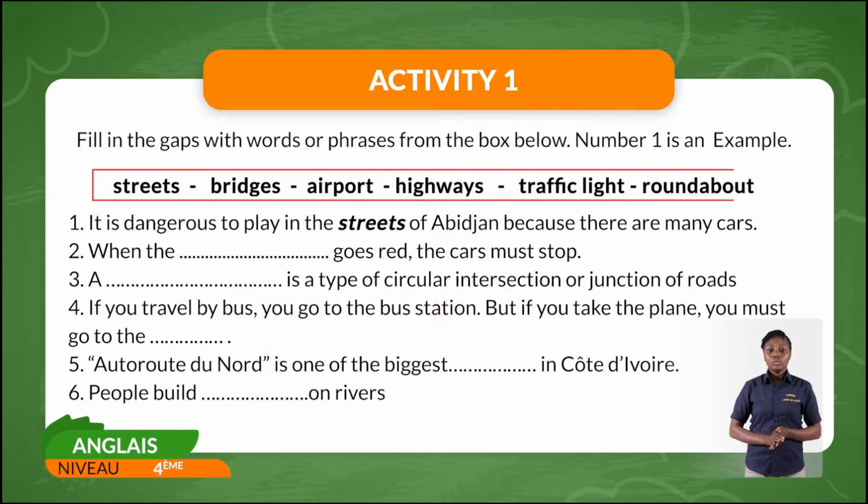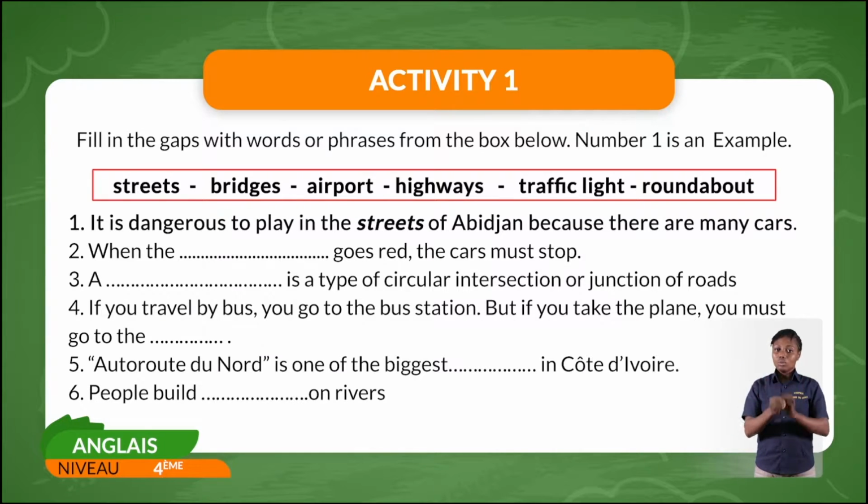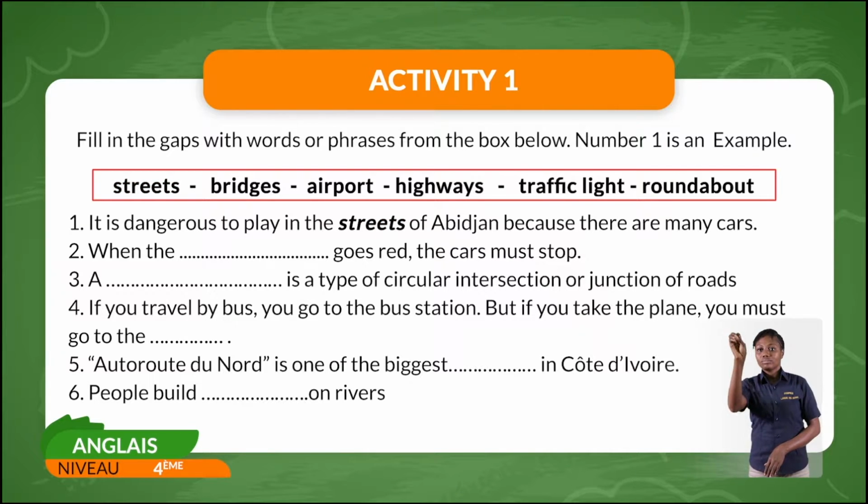And the words are street, bridges, airport, highways, traffic lights, and roundabout. Number 1, which is an example: it is dangerous to play in the streets of Abidjan because there are many cars. Okay, so number 1 is streets. Now, it's over to you to do number 2, 3, 4, 5, and 6.